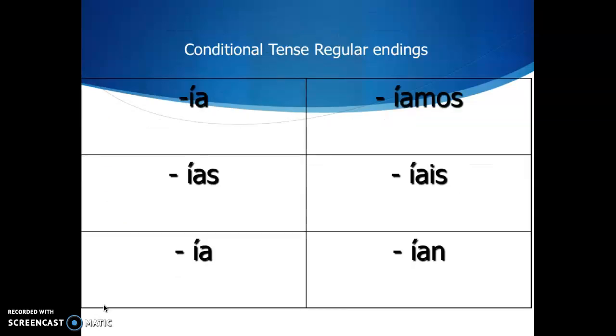So here are your endings. So you guys can see they're all going to be the same. So yo is ía, tú ías, él, ella, usted ía, nosotros íamos, vosotros íais, and ellos, ellas, ustedes ían.